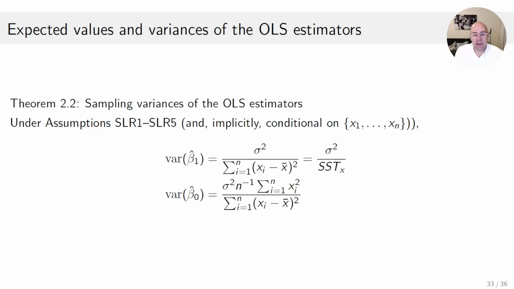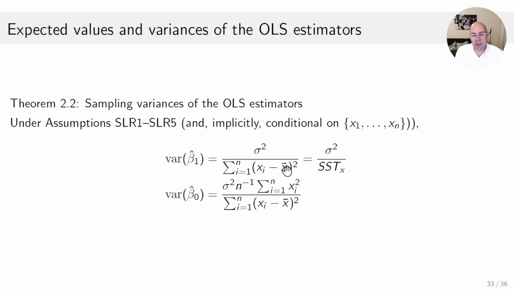What we have here in the denominator is the total sum of squares for x, which is indicated by this little subscript x. What you can also see is a dependence on n, the sample size. When you look at this formula, you see that as the sample grows, the denominator is going to grow because any element that is added is squared.